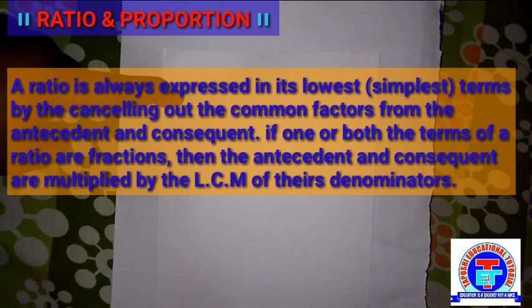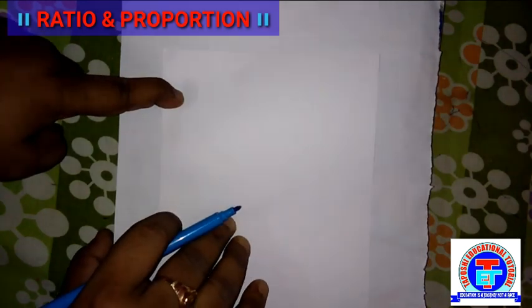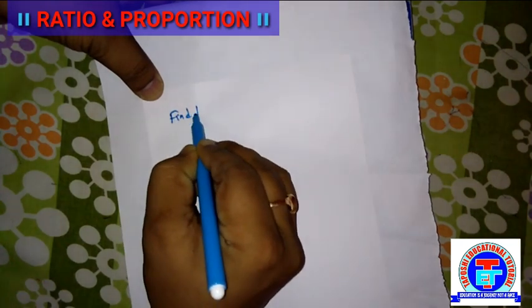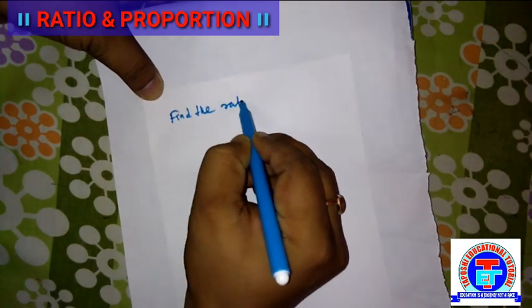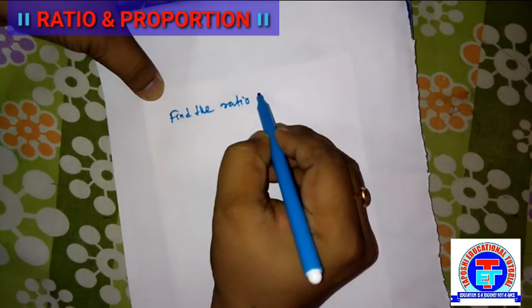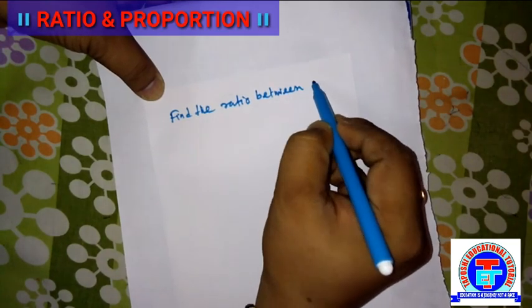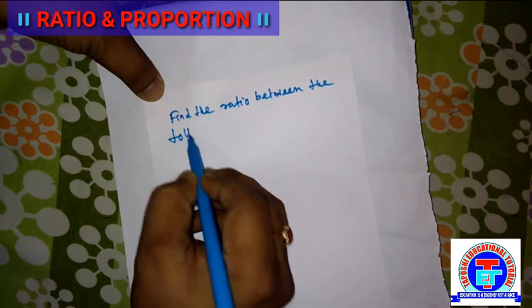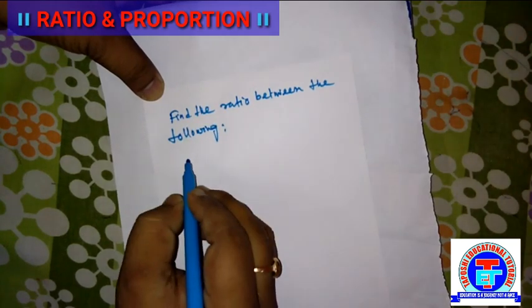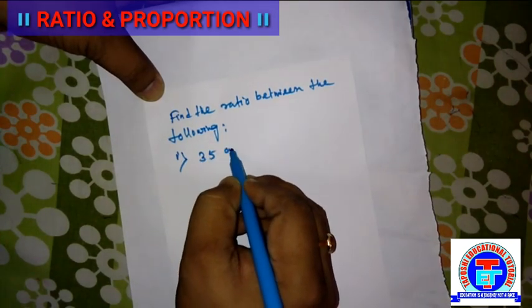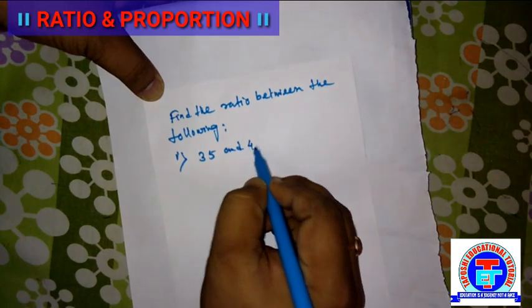Let's find some solutions that help for a better understanding of ratio. Find the ratio between the following. Number one: 35 and 45.